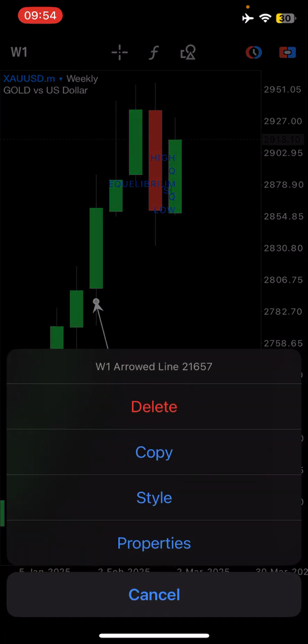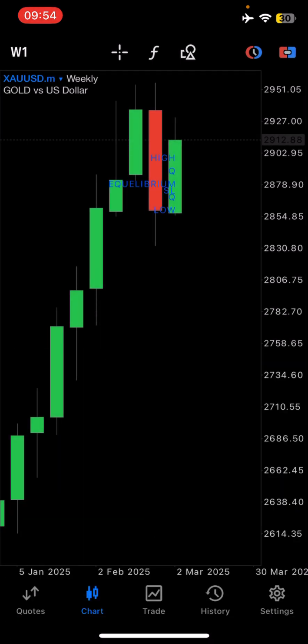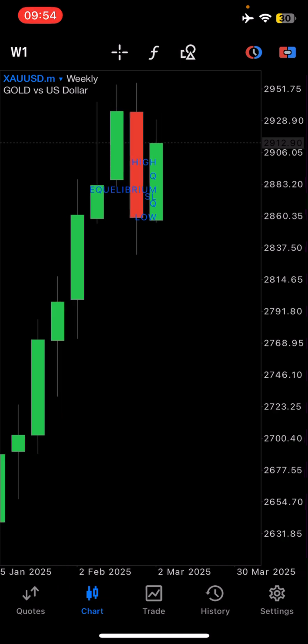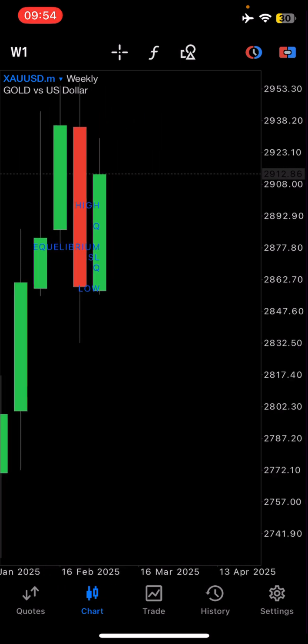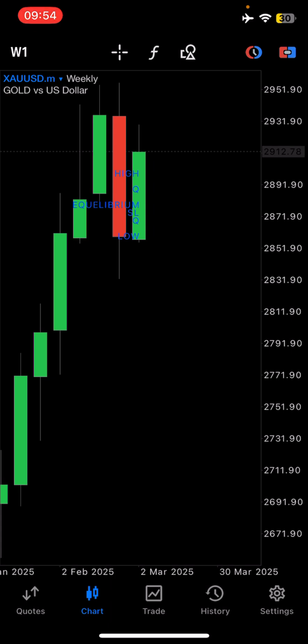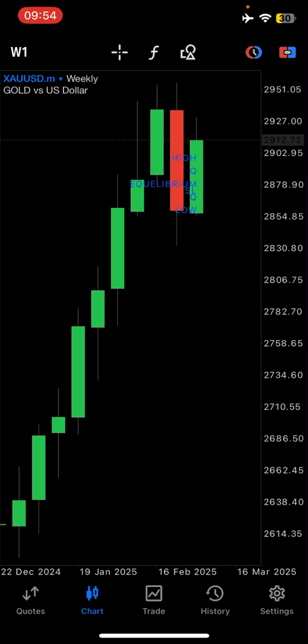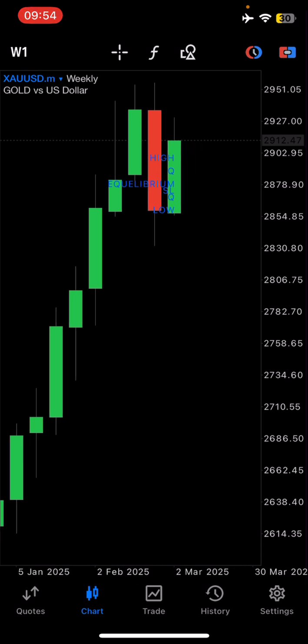Have you noticed that after a big candle comes a small candle? Yeah, I've noticed that. So I think that's something that is noteworthy, and not being aware of it is a mistake.